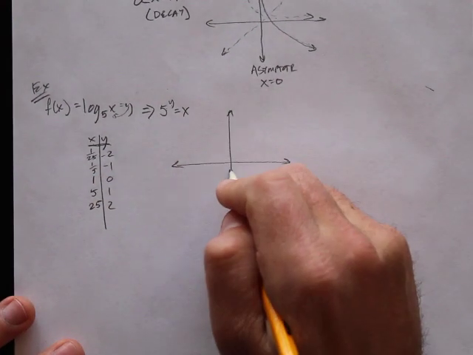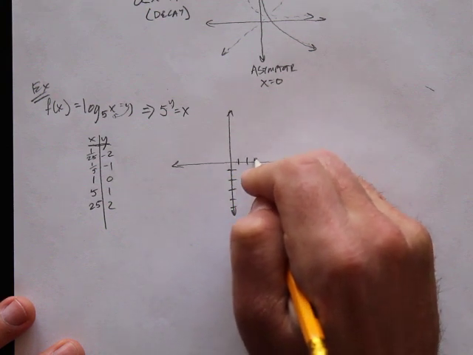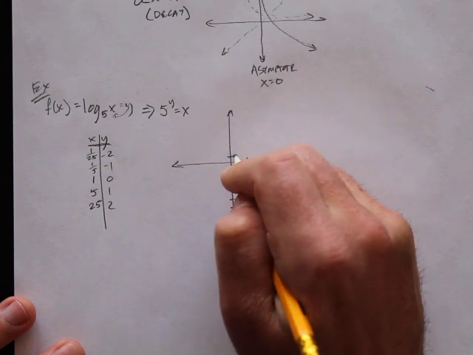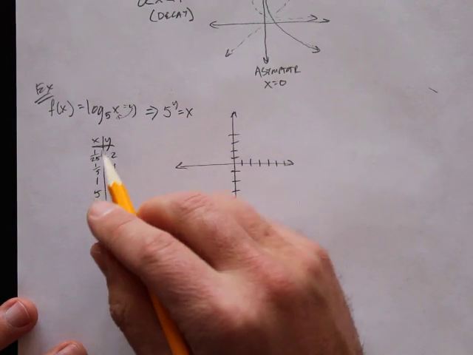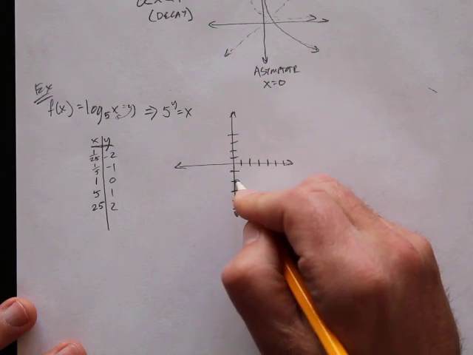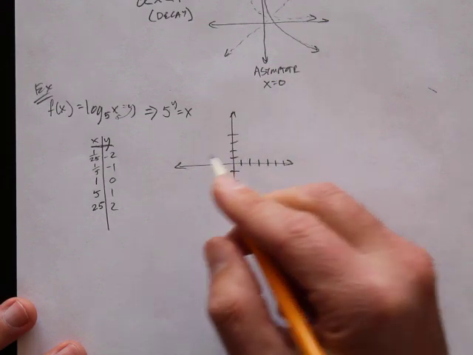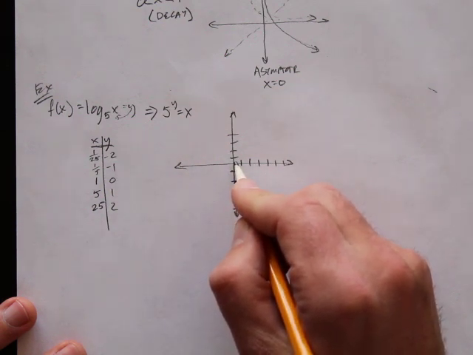All right, so I am now going to draw this thing. So let's see, when x is 1/25, y is -2. So that's like right here along that line. When x is 1/5, y is -1.